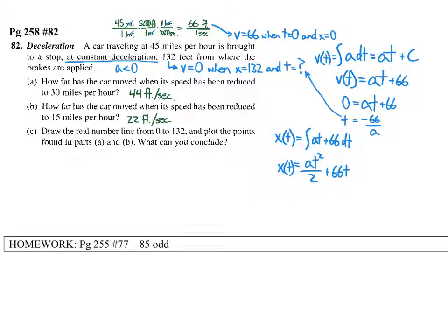Now I use what I know. At 132 feet, I know the time is negative 66 over A. So A times negative 66 over A squared, all over 2, plus 66 times negative 66 over A. Notice I'm simply plugging this in for t.